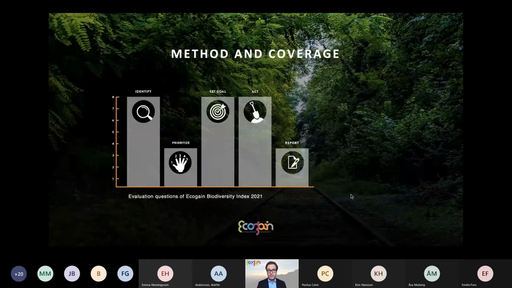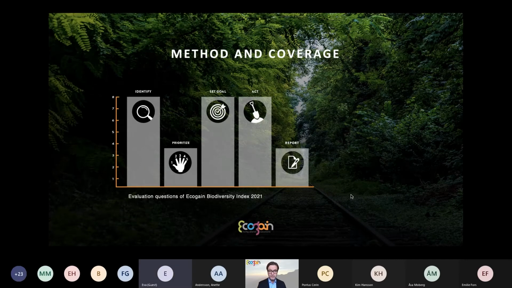The areas of this EBI and the coverage are in line with science-based targets for nature. We look at how the companies identify certain biodiversity risks, whether they have mapped their value chain, and how they have prioritized their hotspots. The next theme is to set goals and measure goals and targets, and after that also taking on action.